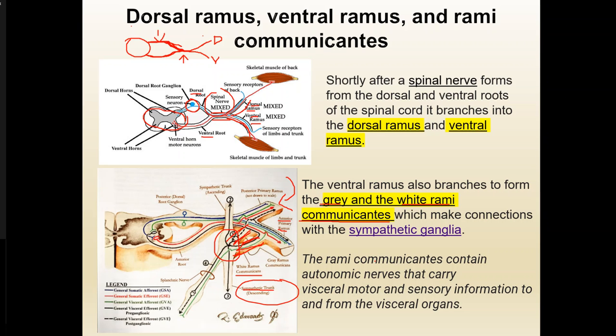Your spinal nerves, which contain both visceral, sensory, and motor divisions, are all in communication with your sympathetic trunk as well.